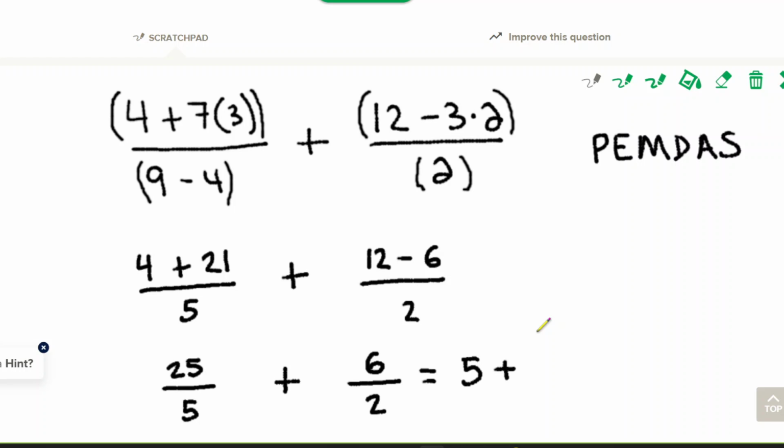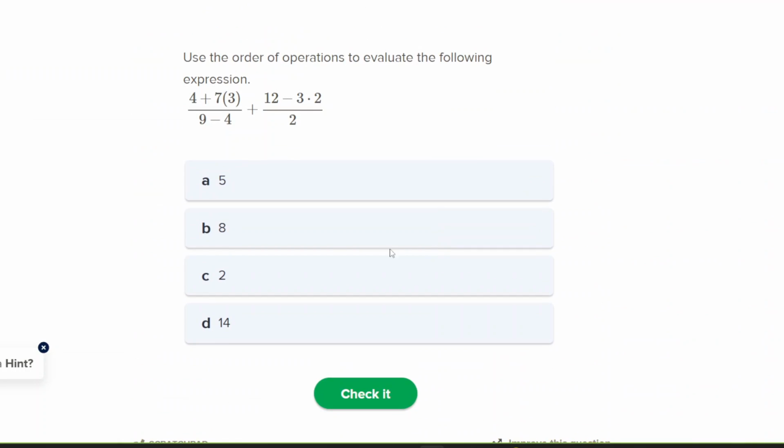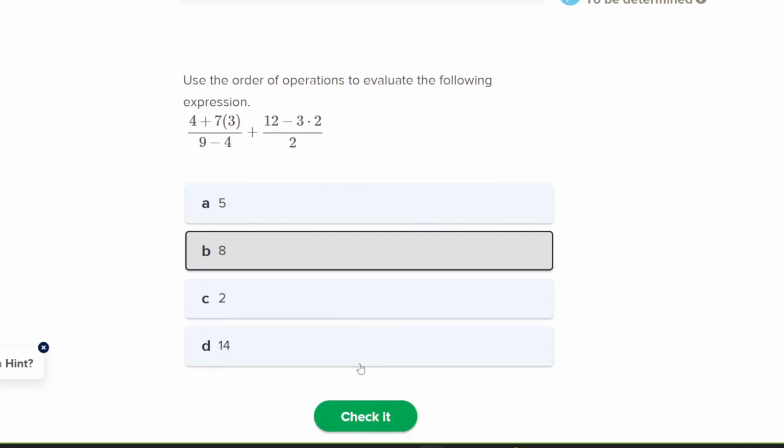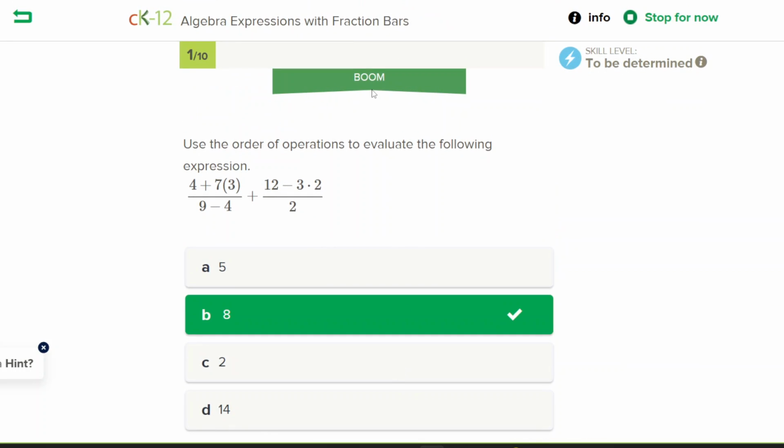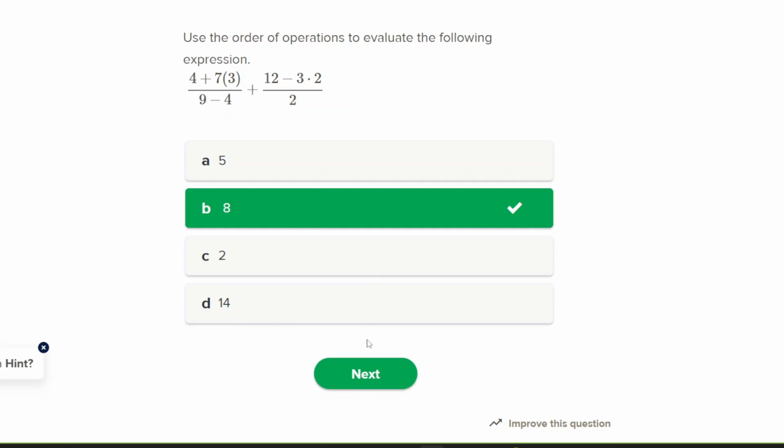Then we have plus, and then 6 divided by 2 for the second fraction, that is 3. And then 5 plus 3 finally simplifies to 8. All right, so the value of this expression we were first given is 8. And that's choice B, and we will check it out. And it is correct. Alrighty. So let's move on to the next example.